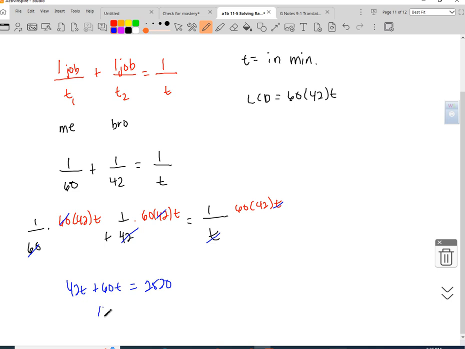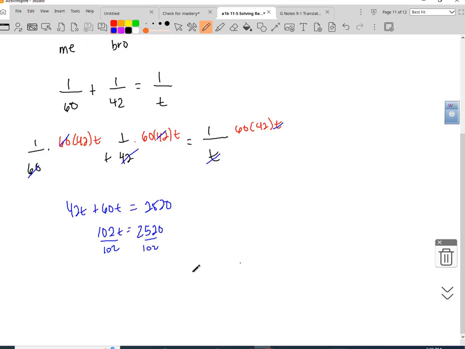This simplifies to 102t equals 2520. Divide both sides by 102. Now we know that t equals 24.70 something. We're going to round to 24.7, and that is minutes.